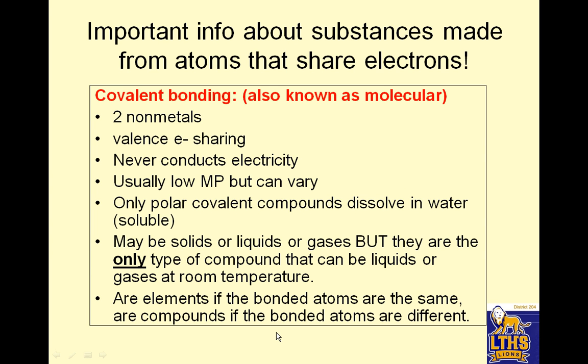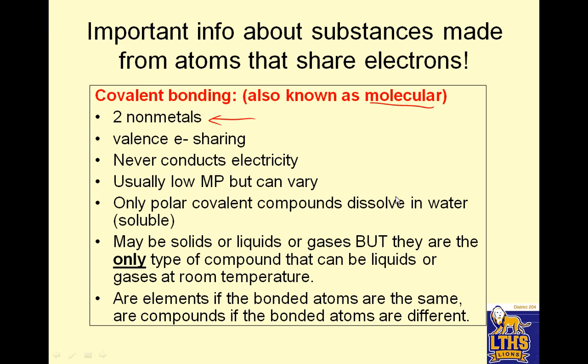Here are important characteristics that come from this kind of bonding. Covalent bonding is also known as molecular bonding, and happens between 2 nonmetal elements. The valence electrons are shared. Because electrons are shared and can't move through the substance, they do not conduct electricity. A lot of these substances have low melting points, though that can vary.